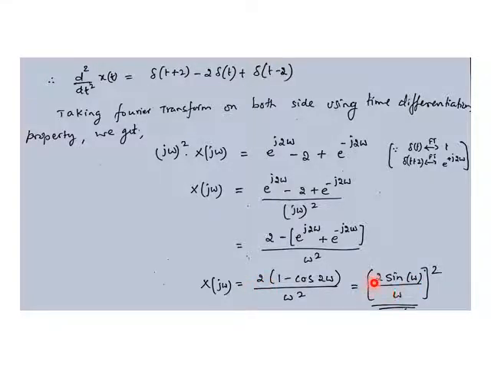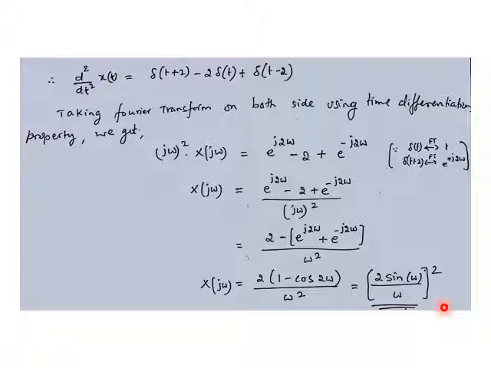I can write 4 as 2 squared, so (2 sin ω) whole squared divided by ω squared. Taking the square outside, what remains is X of jω as (2 sin ω divided by ω) whole squared. So this is the final answer.